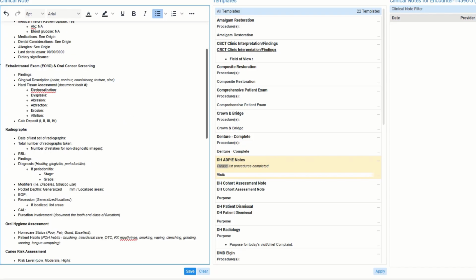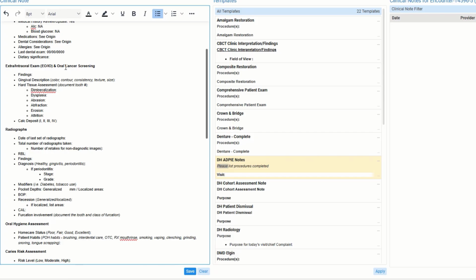All right. The extraoral and the intraoral findings. This area is only for anything that is abnormal, okay? So anything that's abnormal. So let's say they have a lymph node that is inflamed, or maybe an enlarged thyroid, or maybe they have a lesion on their tongue or on their cheek.